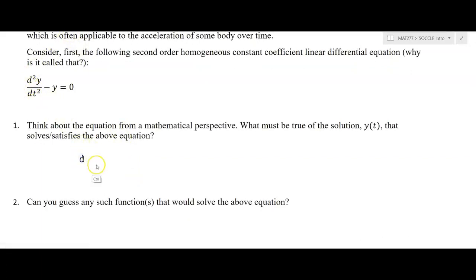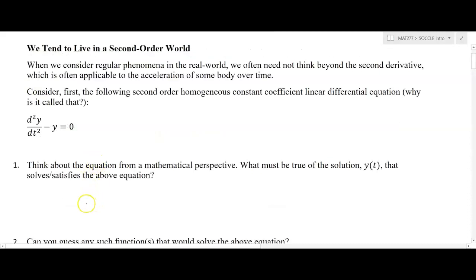Here I'm going to use the y prime prime notation, just to save on having to write the second derivative. If I add y to the other side, I see that what I have to satisfy in order to solve this differential equation is that the second derivative of y has to equal y.